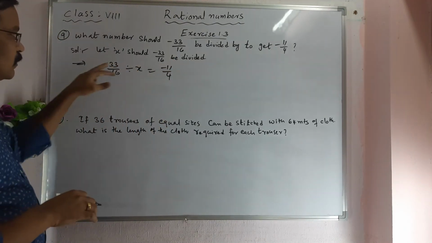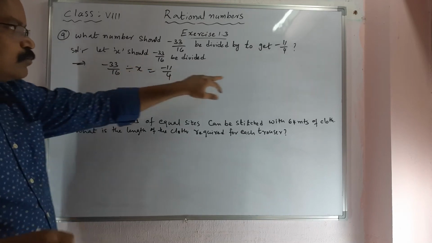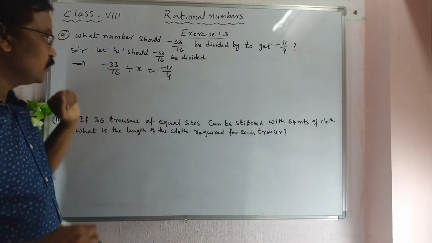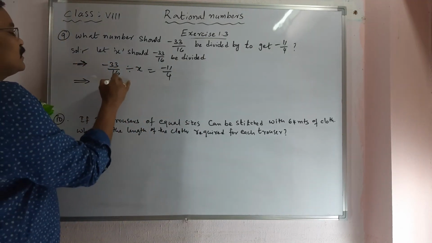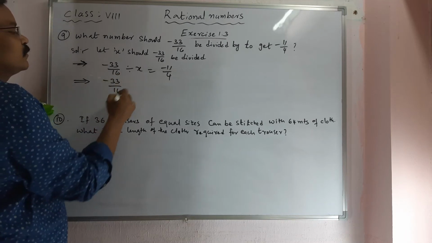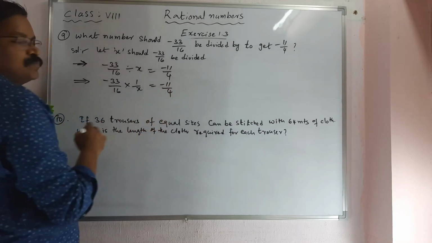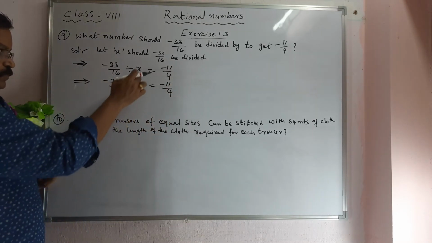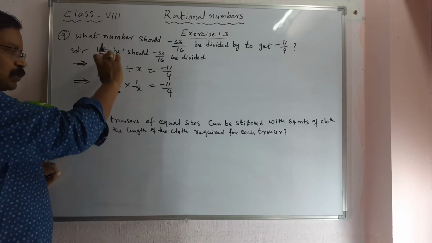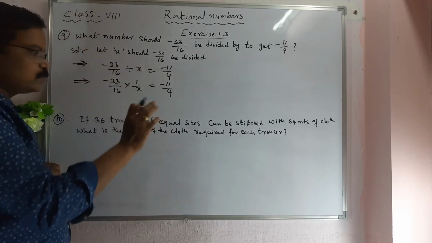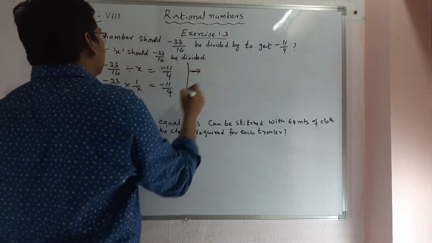Understood, students? Minus 33 by 16 divided by x is equal to minus 11 by 4. This implies minus 33 by 16 into 1 by x is equal to minus 11 by 4. As I told you, now the second fraction will be the product of the reciprocal, right?